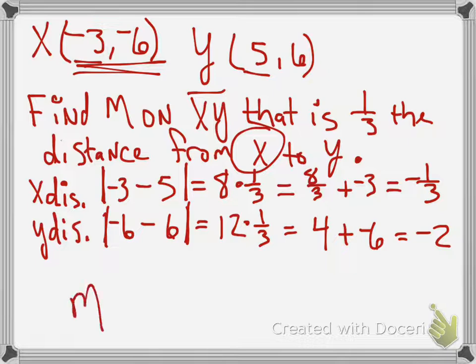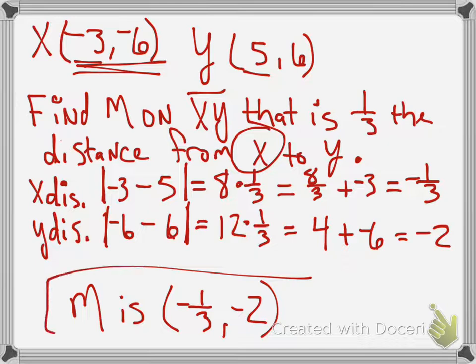So M is a point at negative 1/3, negative 2. Notice how I've got that organized. It flows straight across, and you can do that.